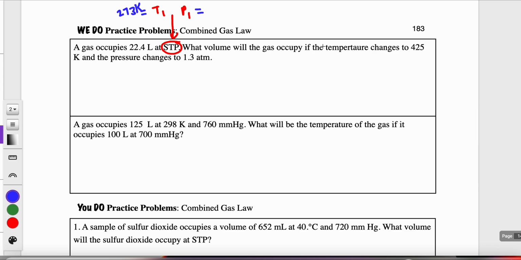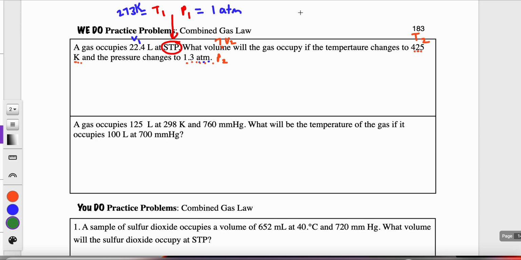I notice that we're given another pressure in atm, so I want to use standard pressure in atmospheres, which happens to be 1. So I know my V1, my T1, and my P1 from table A. As I keep reading, it says what volume, so V2 is my unknown, will the gas occupy if the temperature changes to 425 K. There's my second temperature, and changes to 1.3 atm, so there's my second pressure. V2 is going to be my unknown.